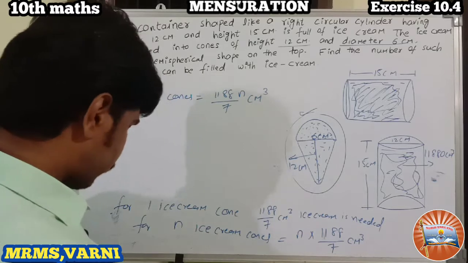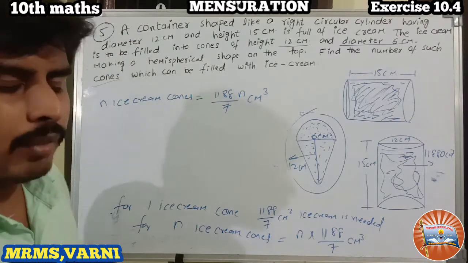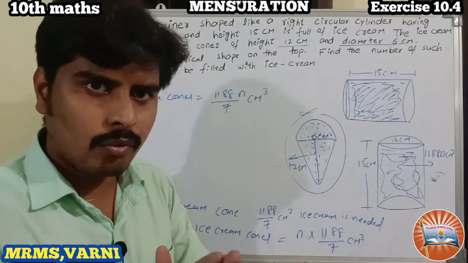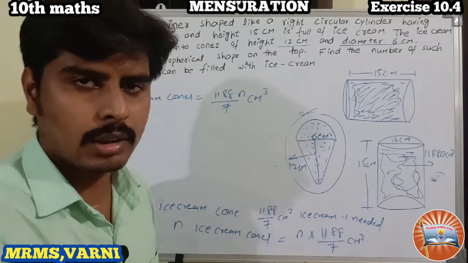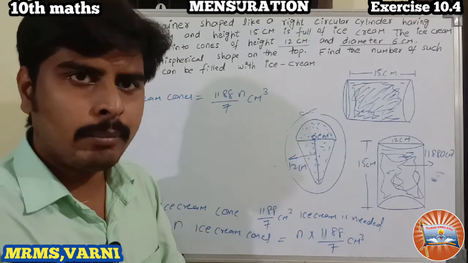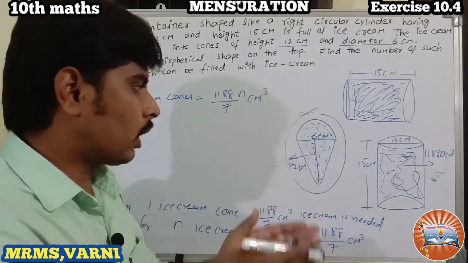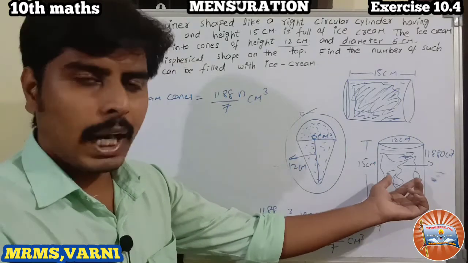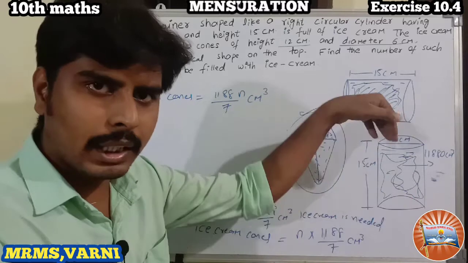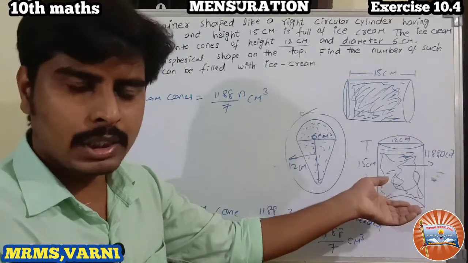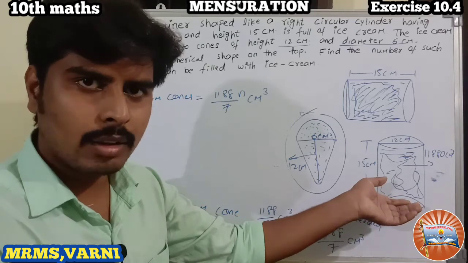So how much quantity of ice cream can we fill in those cones? The volume of ice cream filled into the cones is equal to the volume of the ice cream contained in the container, which is in the cylindrical shape, isn't it? Is it clear?